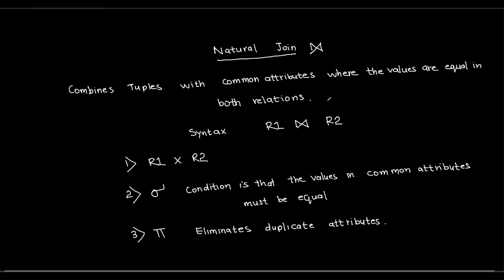So what if we were supposed to write natural join using only basic relational algebra operations? Well, it can be done. Now I'm going to teach you that. Let's say we are performing natural join between R1 and R2. First thing that happens is R1 cross product R2.